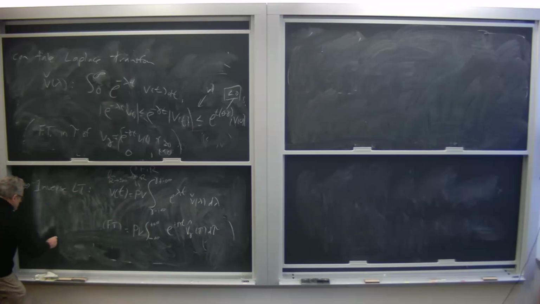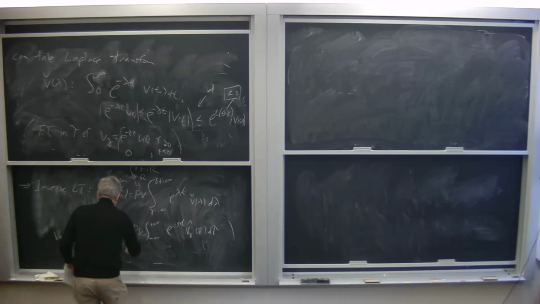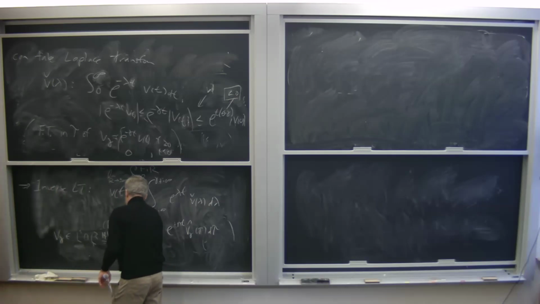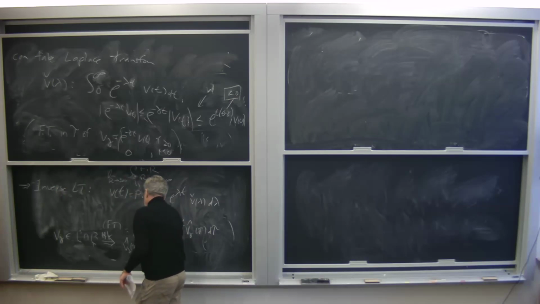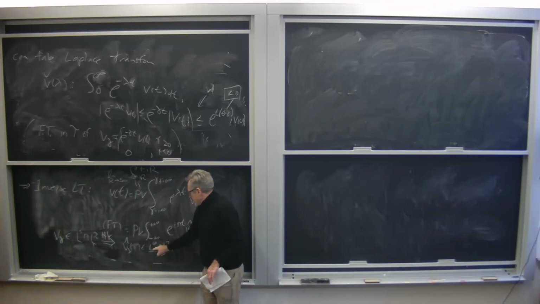V gamma is in L1 intersect L2, and by the Hausdorff-Young inequality for the Fourier transform, that means v gamma hat of tau is in L infinity intersect L2. That's not giving me any help with convergence.